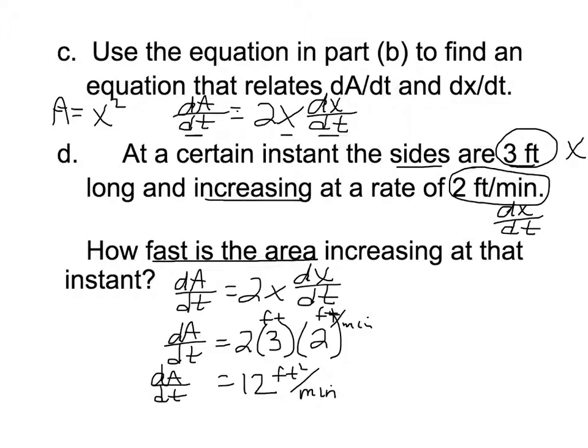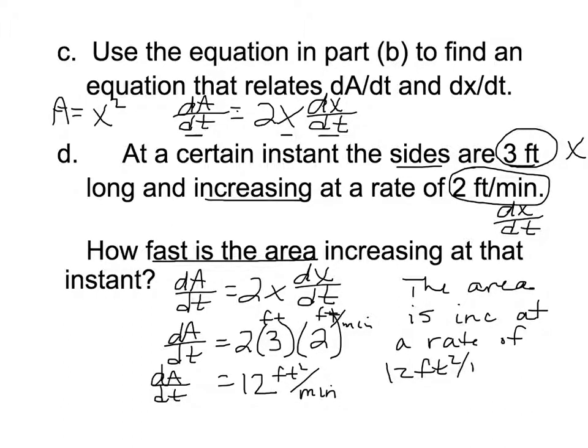So the area is increasing at a rate of 12 feet squared per minute when the side is 3 and increasing at 2 feet per minute.